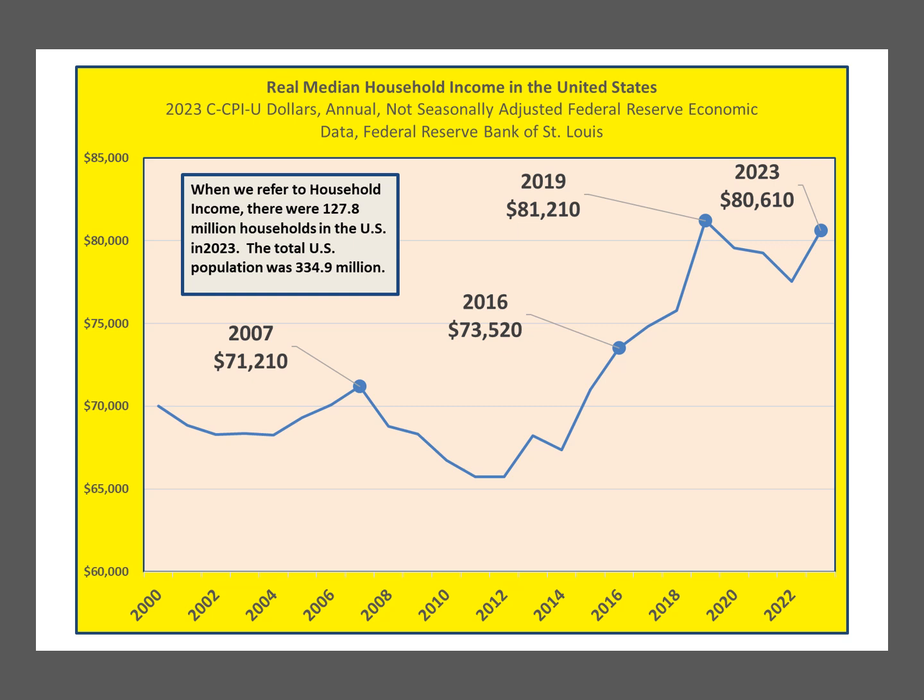At any rate, the good news is that we're getting back to the previous level, the previous high of 2019. But there was a dip again associated with COVID, and we still have a ways to go to continue to climb out of that, to get us past that $81,000 per household, right?